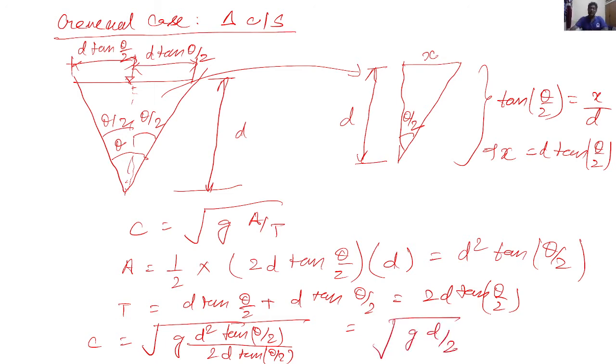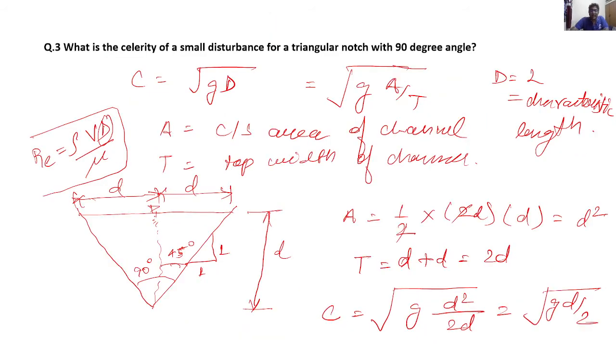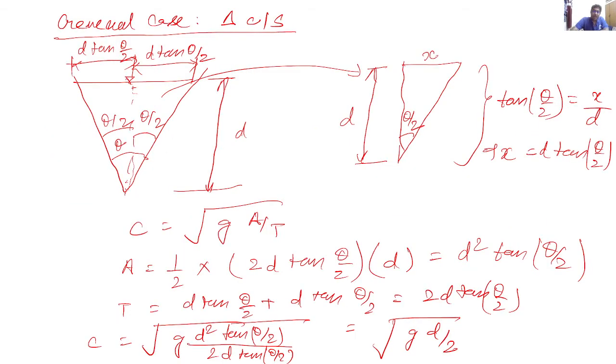So what do we observe from this? That for a 90-degree notch angle also the celerity was the same, square root of g d by 2, where d is the depth of the flow, and it is the same for every subtended angle of the triangular notch. So irrespective of the magnitude of the subtended angle, since this tan theta by 2 term gets cancelled, the celerity remains the same.